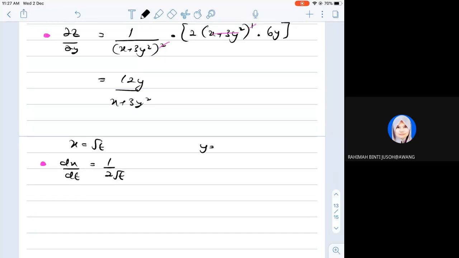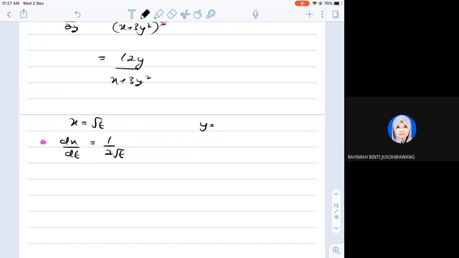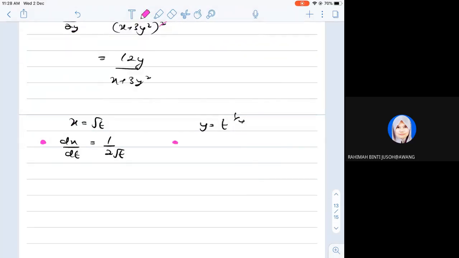And then y equals t to the power of 1 over 4. So you all will have dy over dt equals 1 over 4, t to the power 1 over 4 minus 1 becomes negative 3 over 4, isn't it? This one is the same as the earlier one, which is 1 over 2 t to the power of negative half. Alright, so let us proceed.